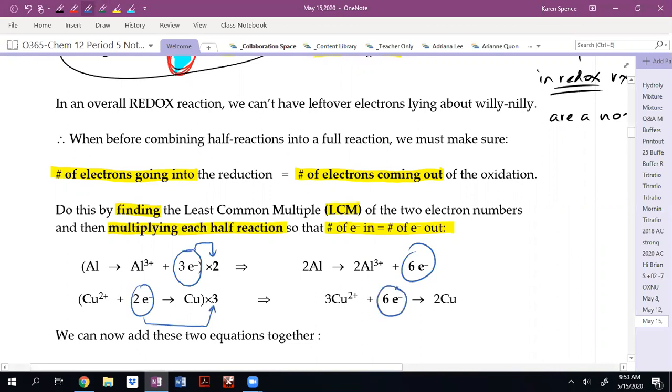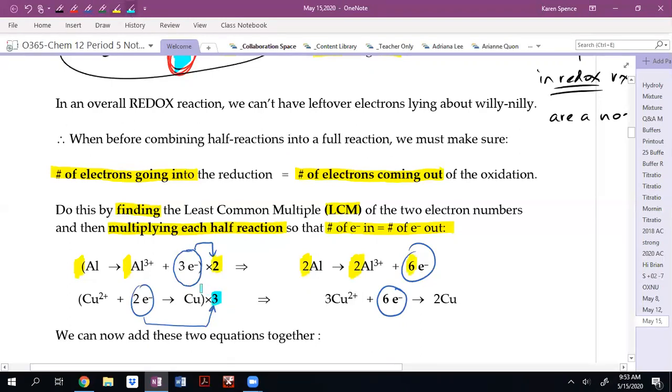But we can't just multiply the electrons, we have to multiply the whole reaction. So we have 2 aluminum instead of just 1 aluminum, gives us 2 Al3+ because instead of just 1, and it gives us those 6 electrons.